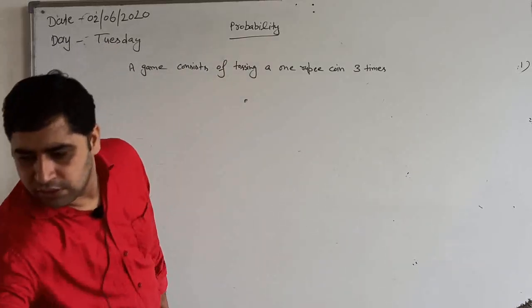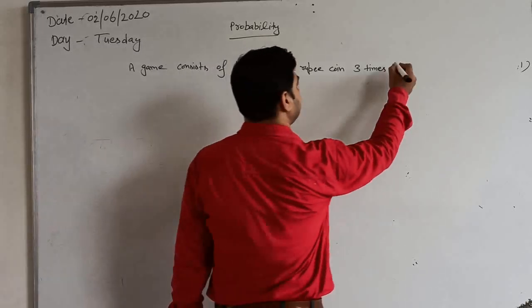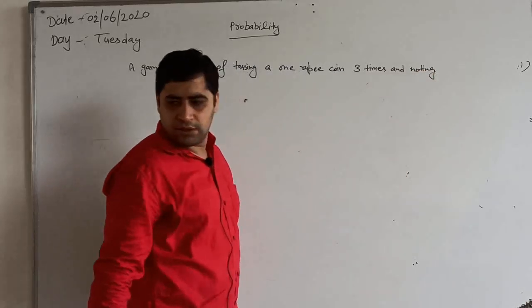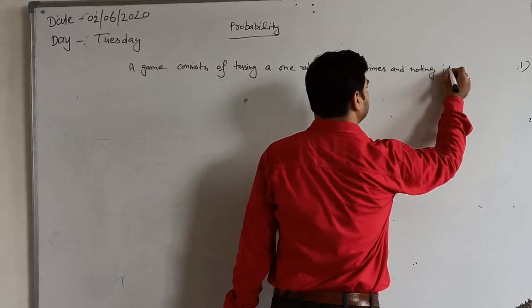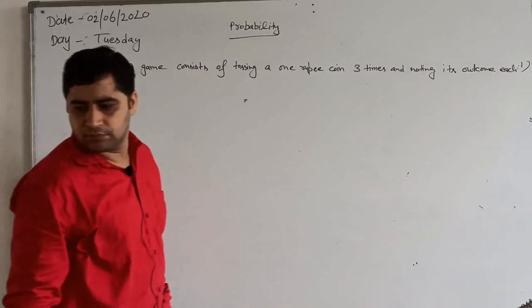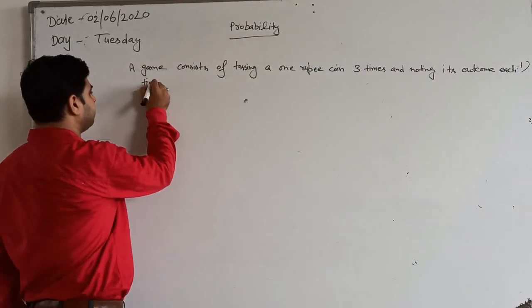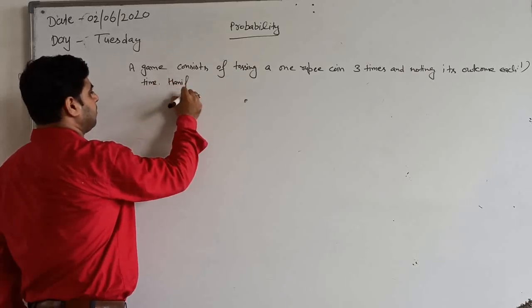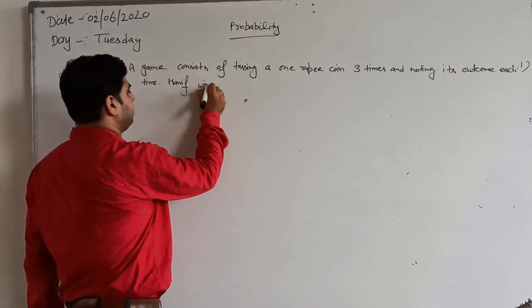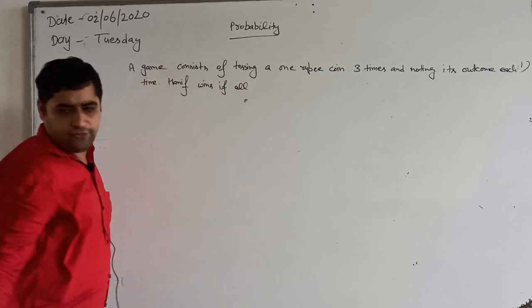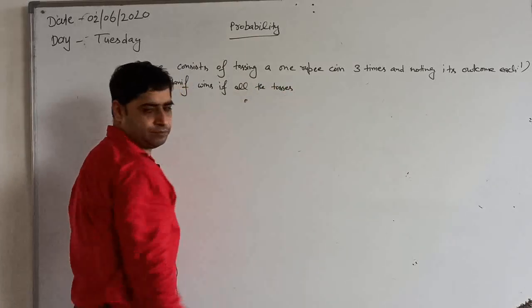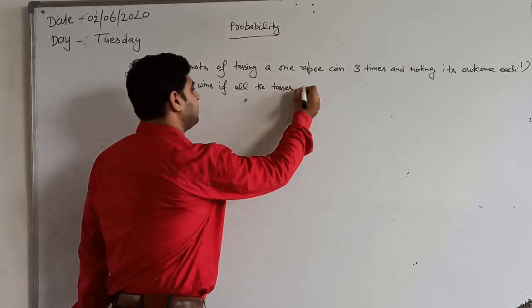And noting its outcome each time. Hafiz wins if all the tosses give the same result.